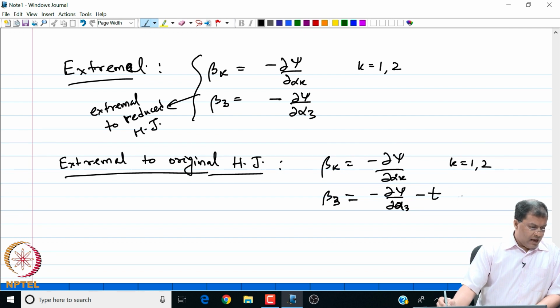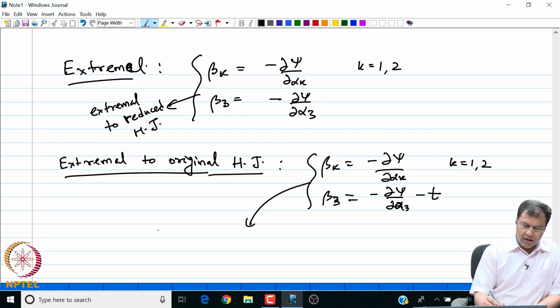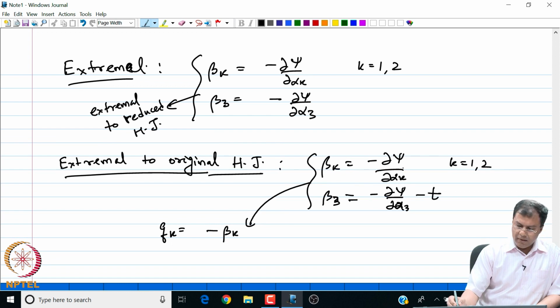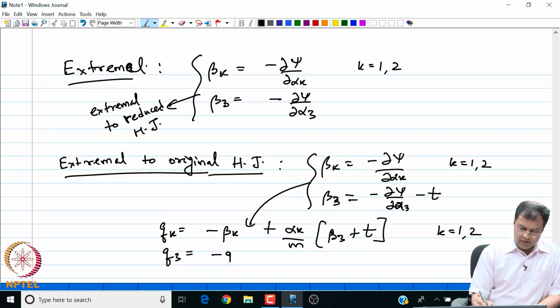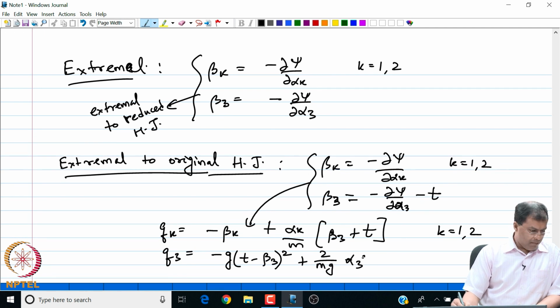And from here I can find out that my extremals are such that qk is minus beta k, inverting this relation by plugging in psi, plus alpha k by m times beta 3 plus t, for k equal to 1 and 2, and q3 is equal to minus g by 2 times t minus beta 3 squared plus 2 by mg times alpha 3 minus 1 by 2 m square g times alpha 1 square plus alpha 2 square.